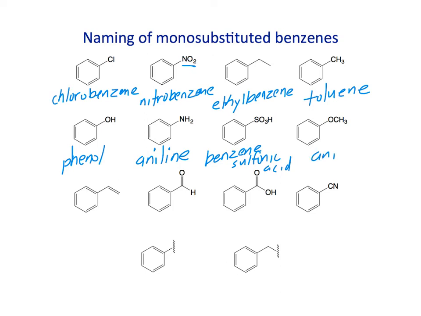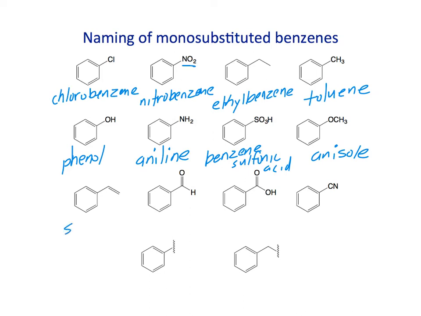This one is called anisole. Anisole, the name, just like when we talked about vanillin and cinnamic acid, comes from the plant, right? So you know what anise is, right? What does anise smell like? Like licorice, right? So anisole is the licorice smell.